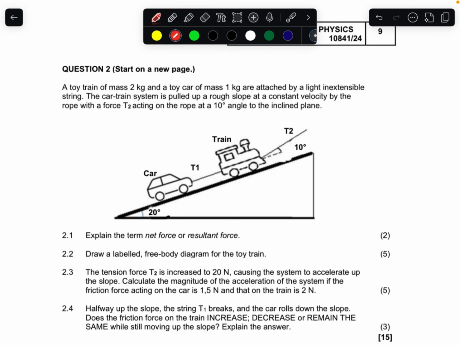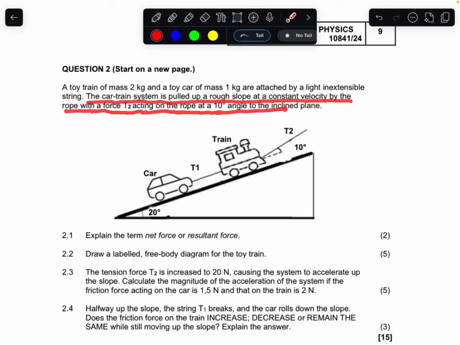Question 2. This is the Newton application, or the Newton question. It says a toy train of mass 2 kg and a toy car of 1 kg are attached by a light inextensible string. The car-train system is pulled on a rough slope at constant velocity by a rope with a force of T2, on a slope inclined at 10 degrees.